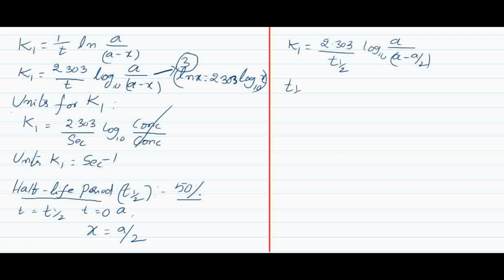Here t half equals 2.303 by k1 log a by a minus a by 2.